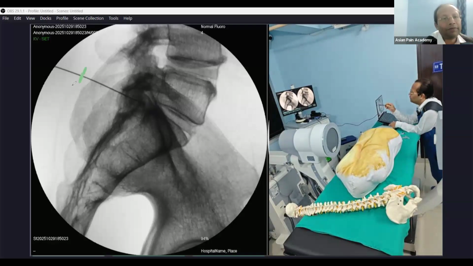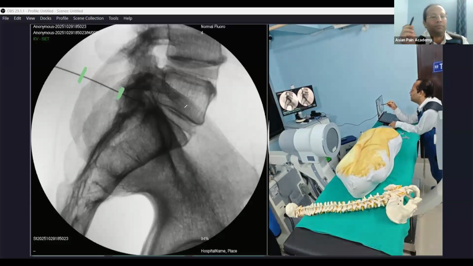If you go more in this lateral view, it can change the path. So you come back to the oblique view, Scotty dog view, and then you go up to this much, then again come in the lateral view. Okay, that will be better.